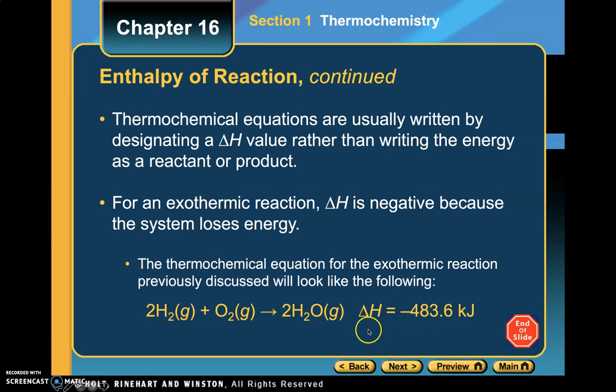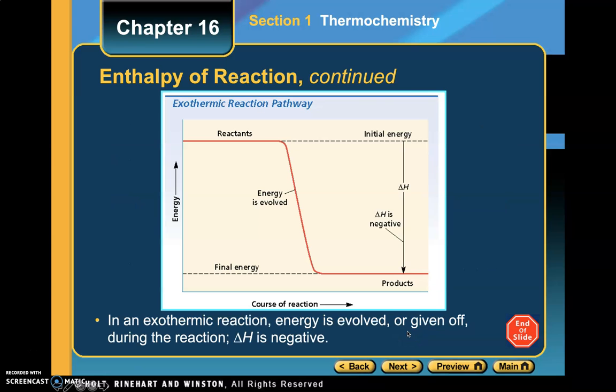Okay, so that's all this is saying. And again, remember, a negative value here would say that the overall system was losing that much heat, which would make it exothermic. If it was a positive value, it would be gaining that much heat, and that would be endothermic.